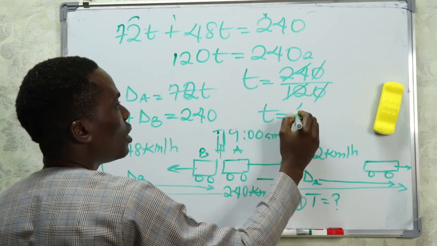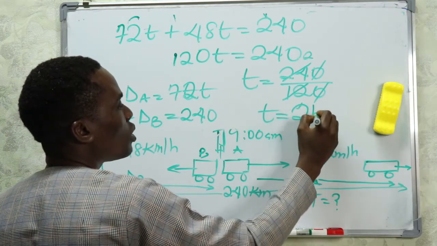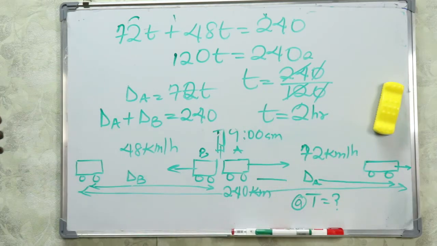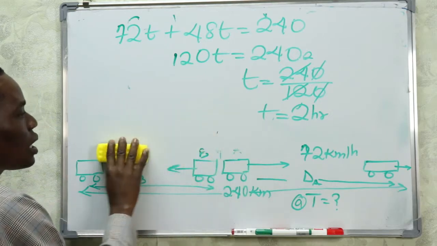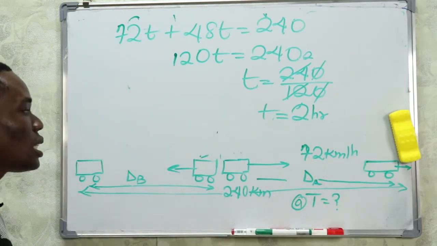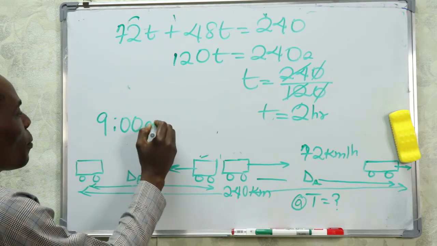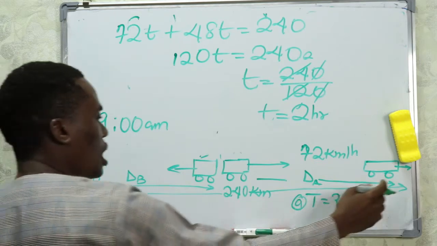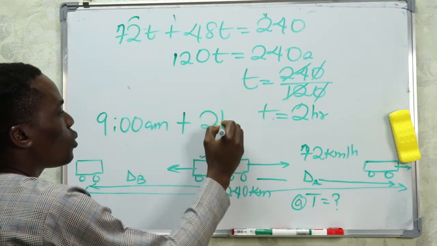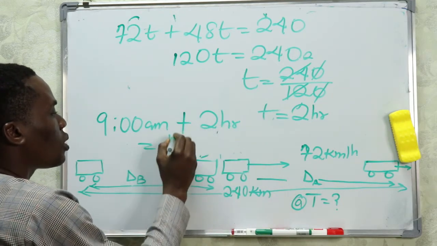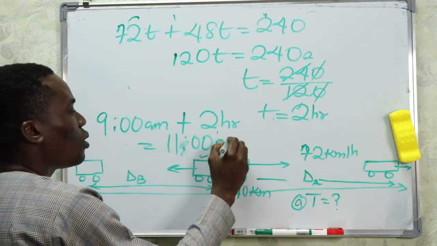The time to travel to be 240 kilometers apart is 2 hours. Now if these two cars take 2 hours to travel that total distance apart, we can come to a conclusion that if they left the park by 9:00 a.m., the time it will take them to be 240 kilometers apart will be this time plus 2 hours, which is equal to 11 PM.